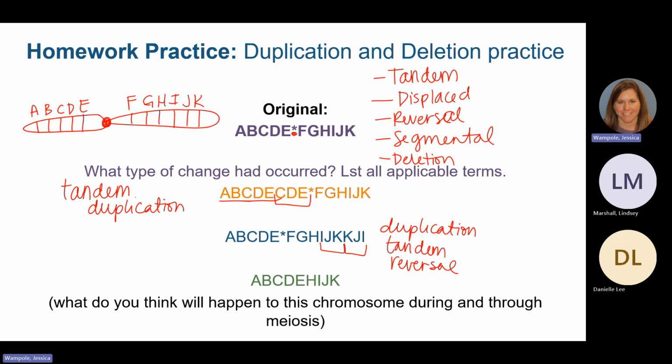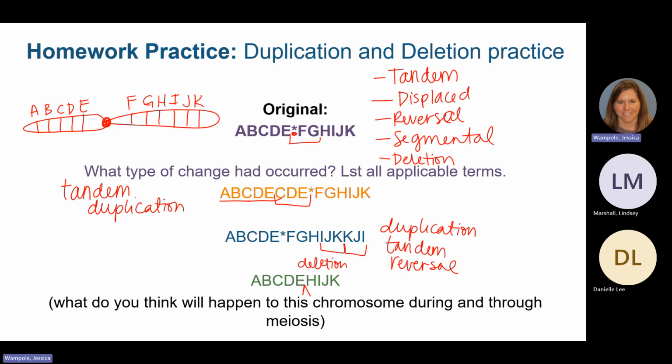All right, how about that bottom one? What happened there, duplication or deletion? Deletion, very good. So in this one, we deleted the centromere from the original, F and G. So right about here, we have a deletion. We didn't talk about any specific types of deletion, so deletion would be appropriate here.